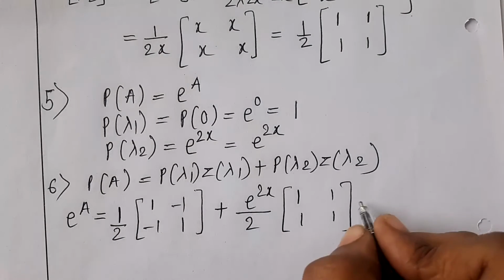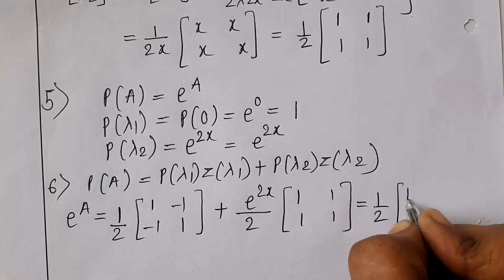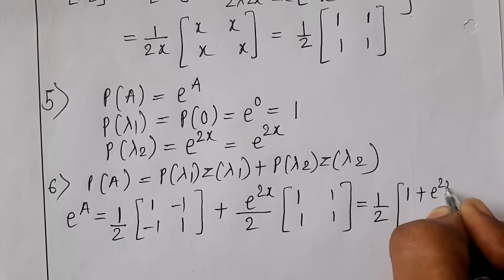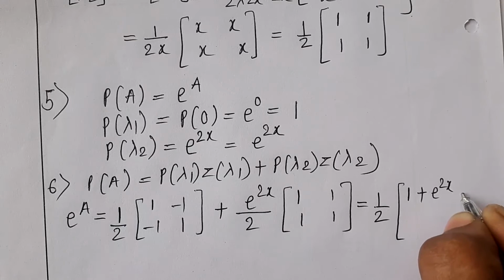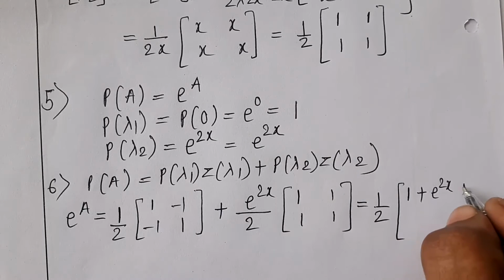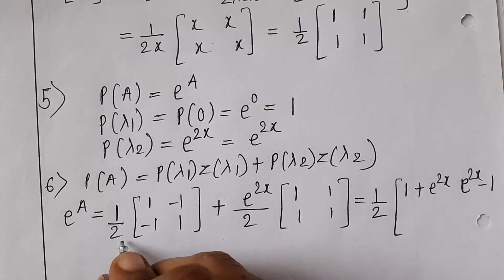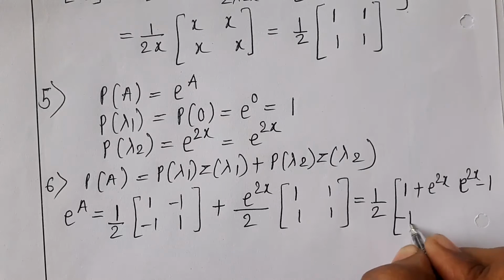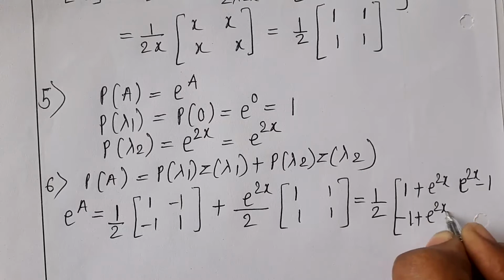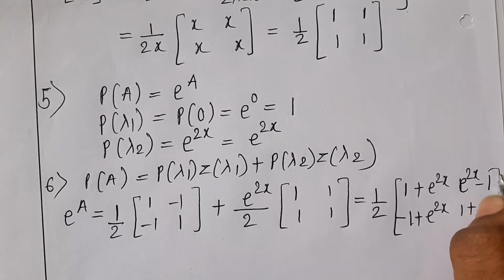Okay, so this is 1 by 2 times: first entry 1 plus e to the power 2x, second 1 minus 1 plus e to the power 2x, which can be written as e to the power 2x minus 1, then next is minus 1 again plus e to the power 2x, and then 1 plus e to the power 2x.